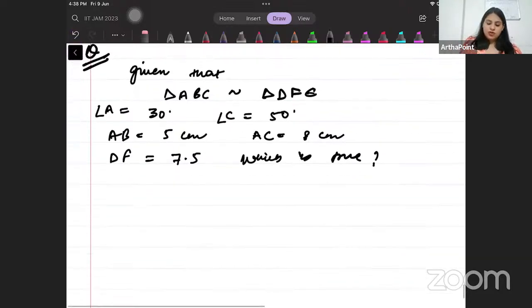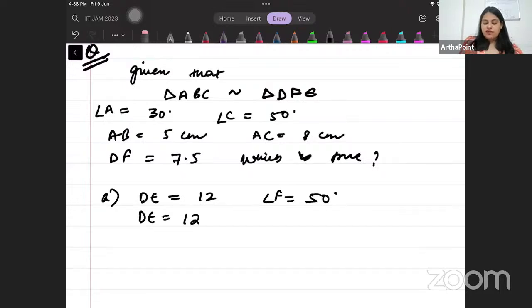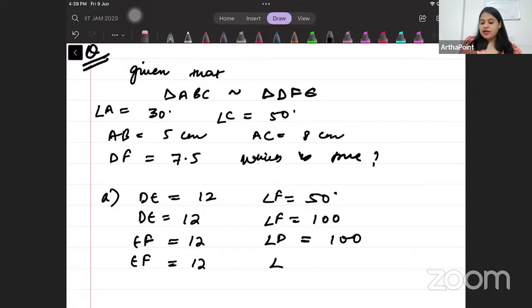Please write down the options, beta. First option, DE is 12, angle F is 50. Second option, DE is 12, angle F is 100. Third option, DE is 12, angle D is 100. And fourth option, EF is 12, angle D is 30 degrees. So which of the following is true? That is what you have to tell.